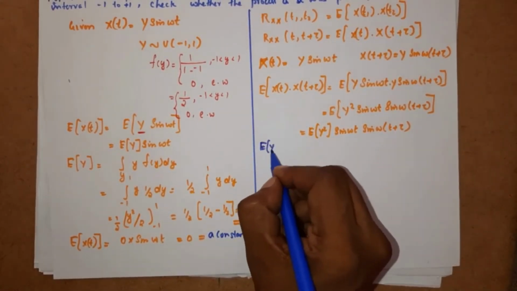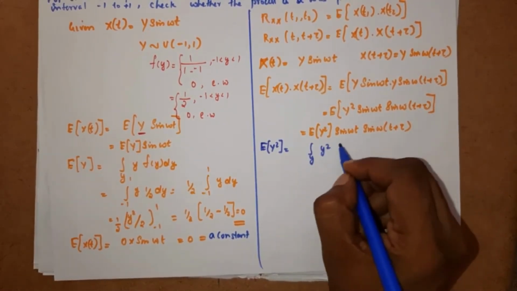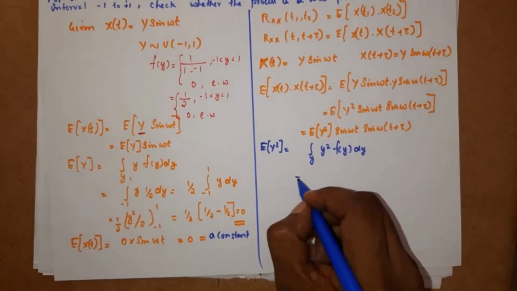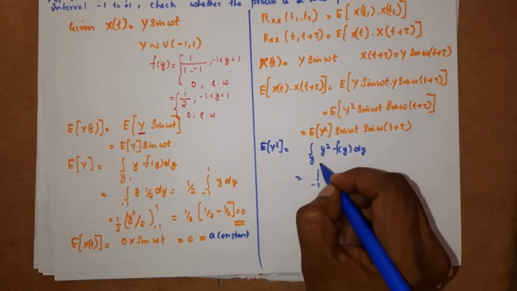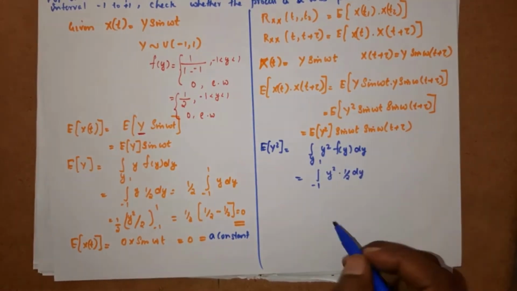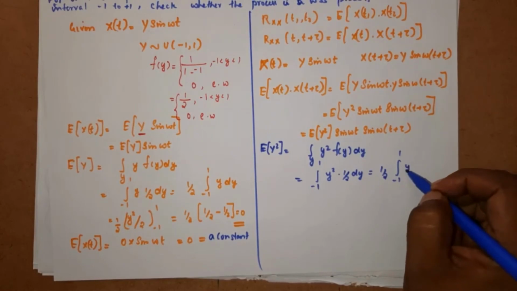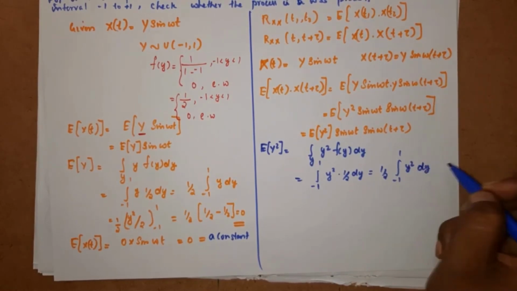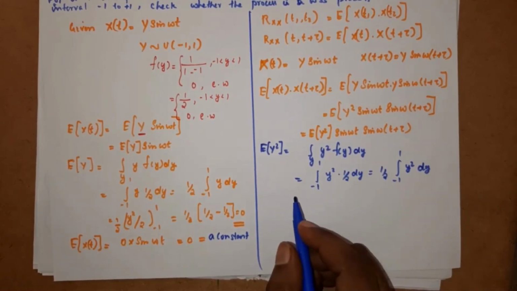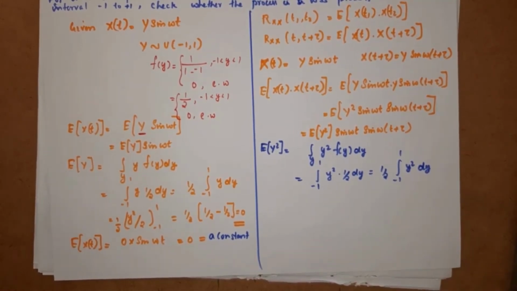E of y square is equal to integral of y square into f of y dy, which is equal to integral over minus 1 to 1 y square into 1 by 2 dy, 1 by 2 into integral minus 1 to 1 y square dy. Here one formula is there.